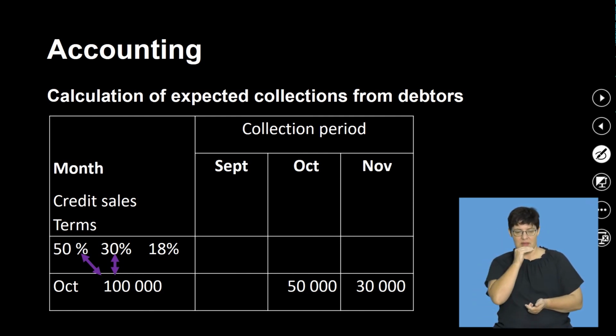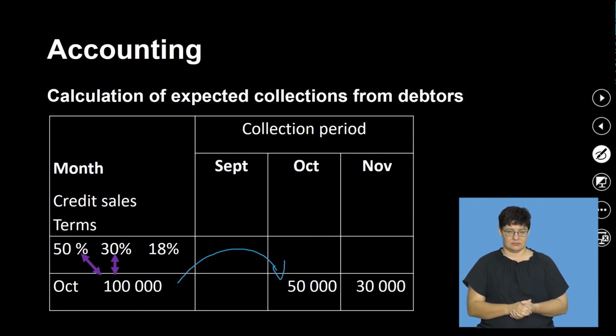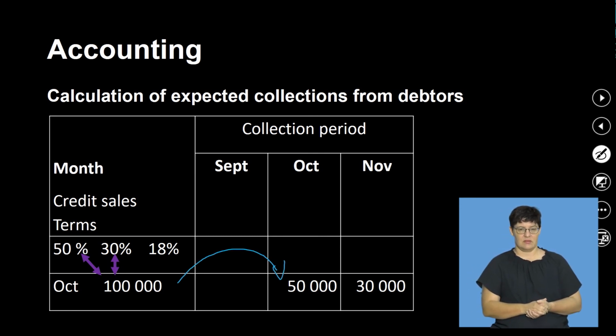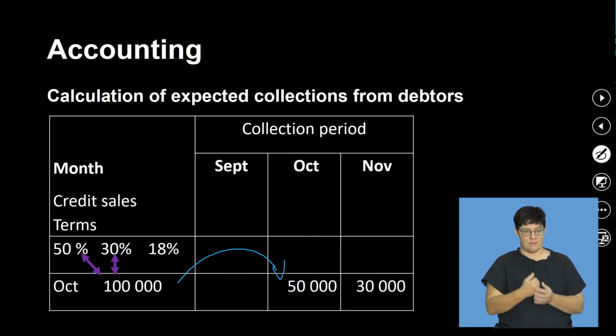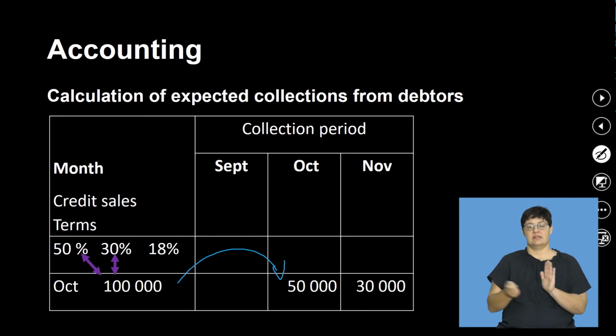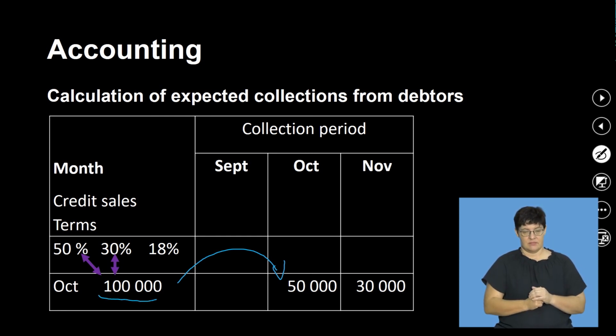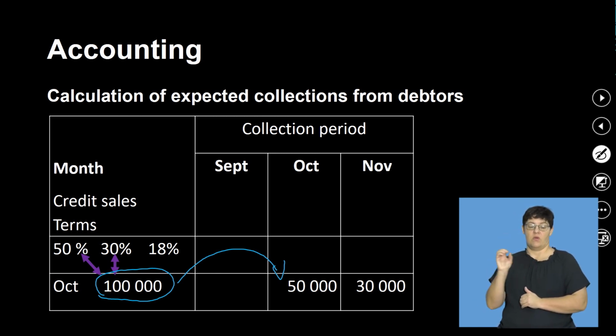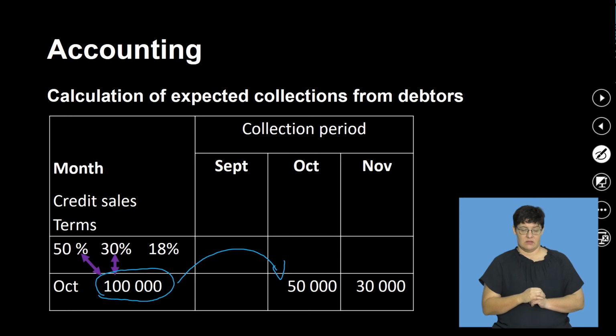It's quite simple. Half of the October figure will give me 50,000. 50% will pay me in the month of sale. So October, my credit sale was 100,000, and 50% of 100,000 gives me the 50,000 rand.